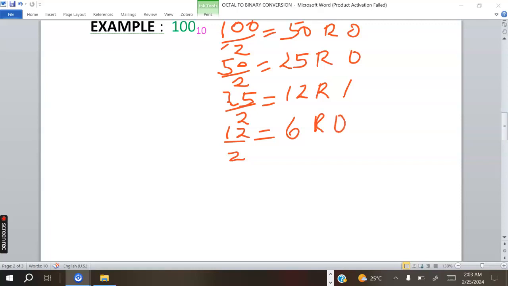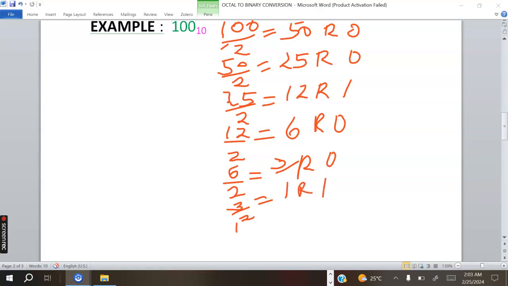0. Then the 6 divided by 2 is a 3, remainder 0. Then the 3 divided by 2 is a 1 remainder 1.